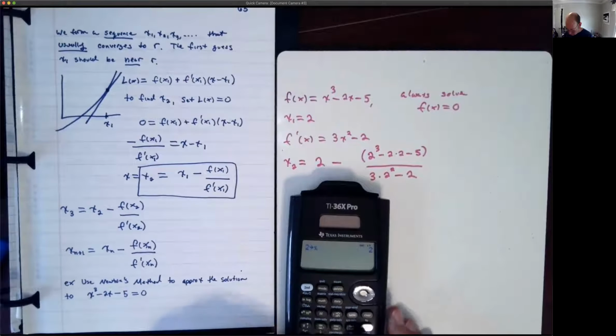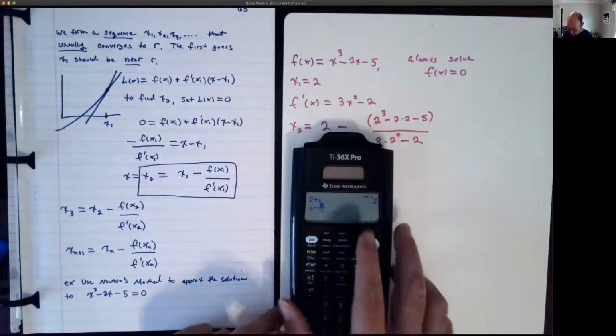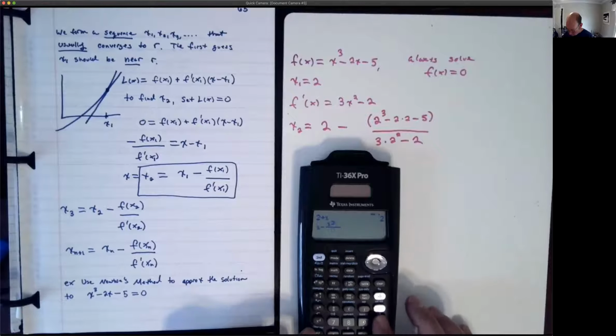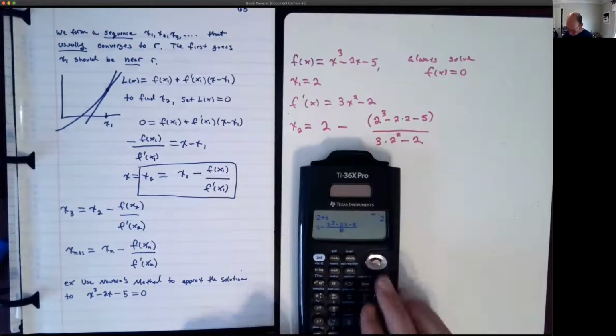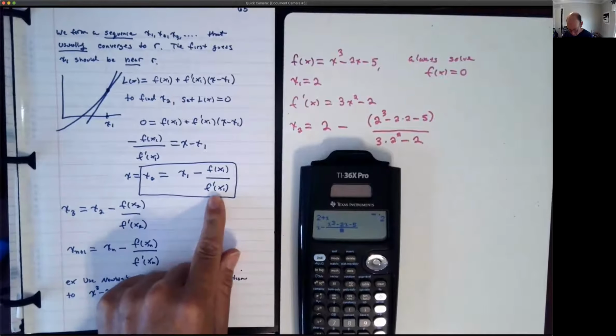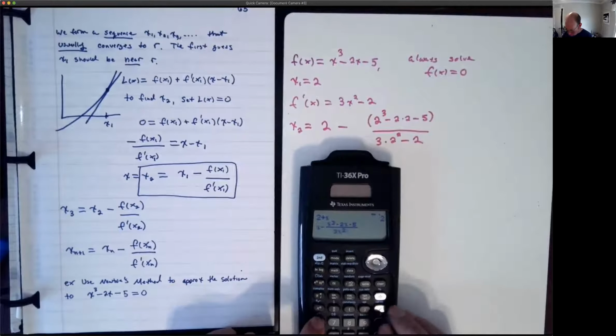So let's compute x minus a fraction. f of x would be x cubed minus 2x minus 5, divided by f prime of x, which is 3x squared minus 2.